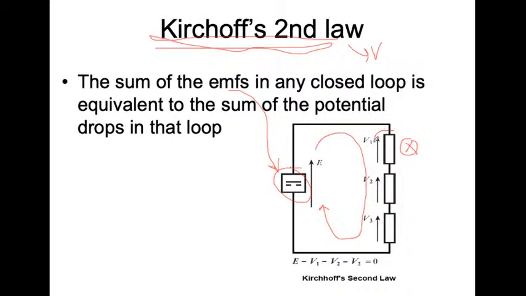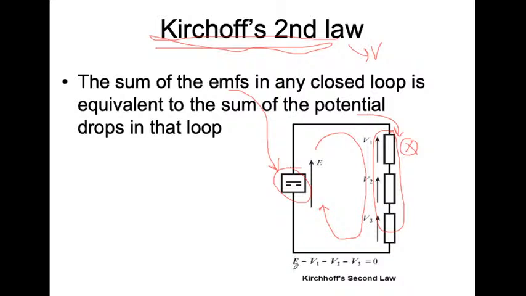So we have these three guys that are dropping our potential. They're somehow consuming the energy. They're lowering the energy at each point. And we know that we can't create or destroy energy, just like we can't create or destroy charge. So the energy that's leaving the cell needs to be equal to the energy that's dropped and returning to it.